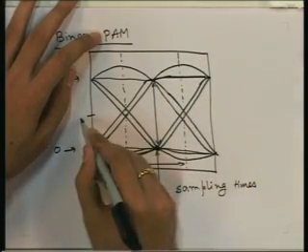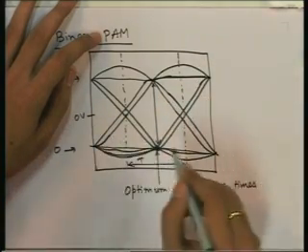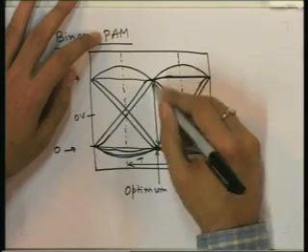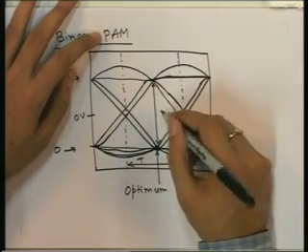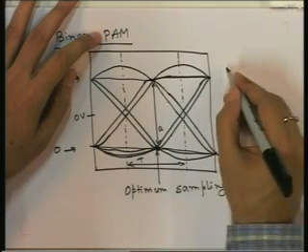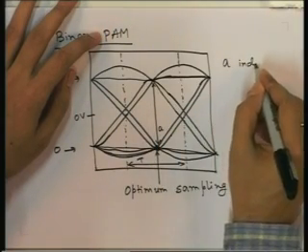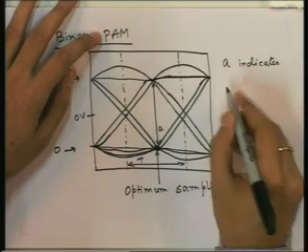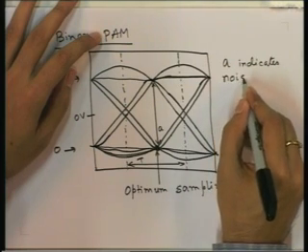So, this is the 0 line, 0 volt line. So, this gap is most important for noise immunity. So, this A, the length A indicates noise immunity.